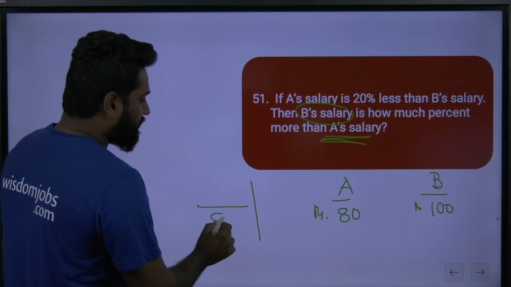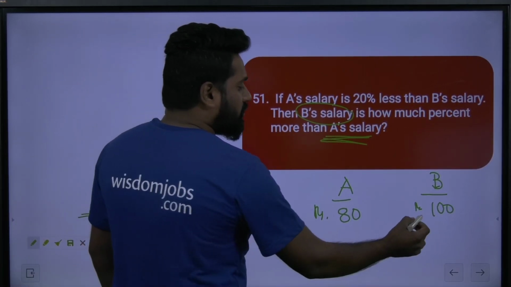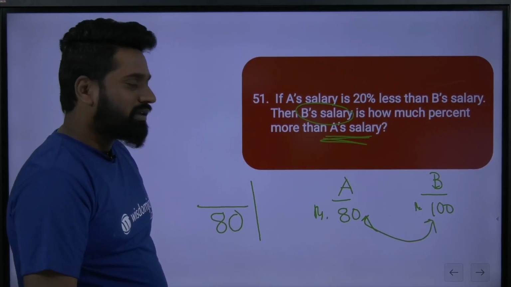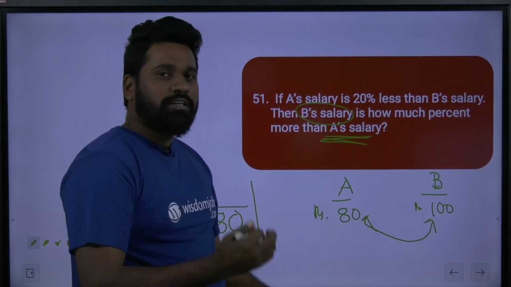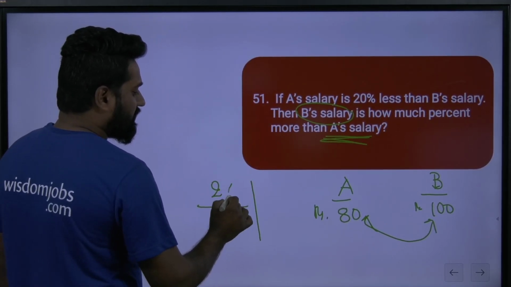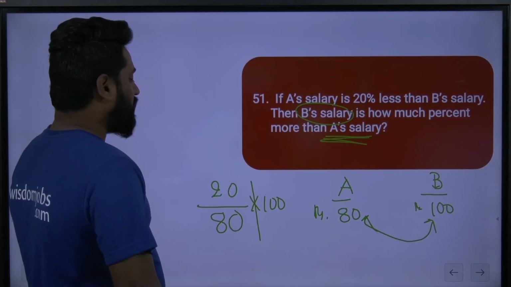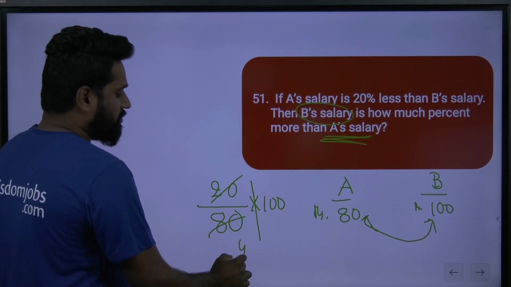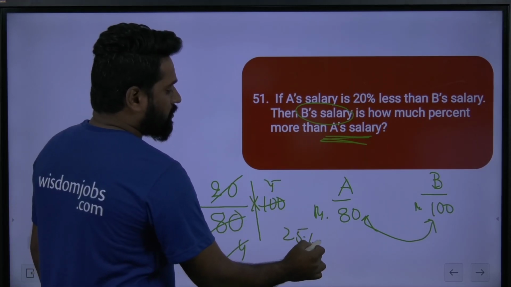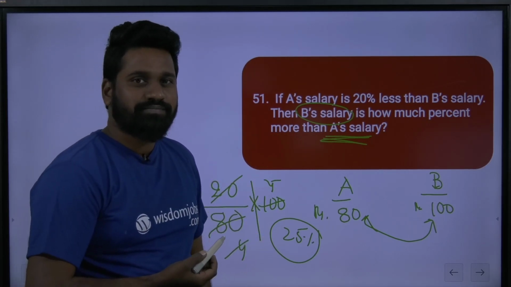A's salary in the denominator means A's salary is 80 rupees. And now coming to here, B's salary is how much more than A's salary? 100 minus 80, 20 rupees is more. Is it clear? So you can write in the numerator, into 100. Percentage we are finding, into 100. 20 ones are 20, 4 fives are 20, 4 ones are 4, 25. So B's salary is 25% more than A's salary.